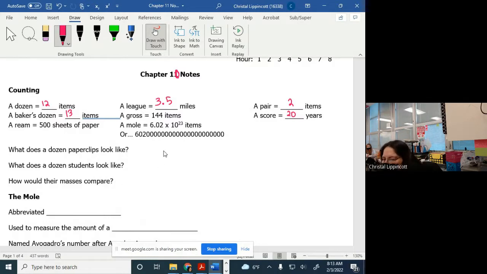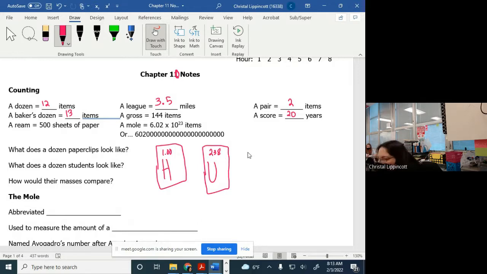That's the same idea with your periodic table. If you have a mole of hydrogen, it's going to be 1 gram. If you have a mole of uranium, it's going to be 238 grams.